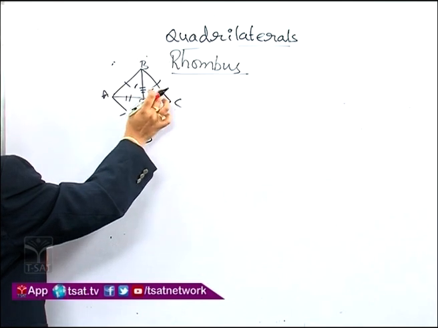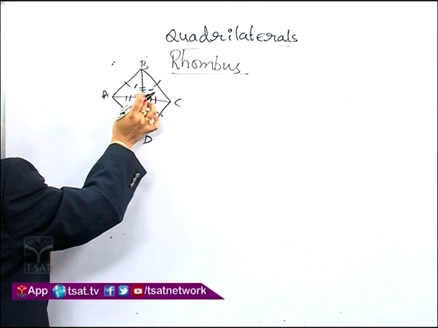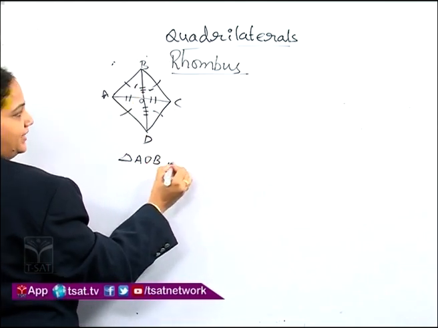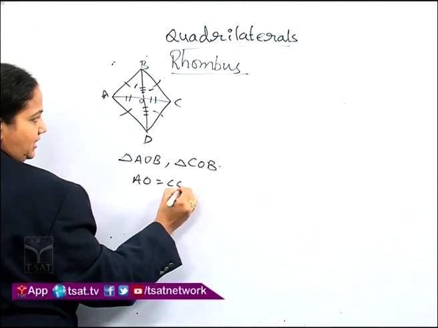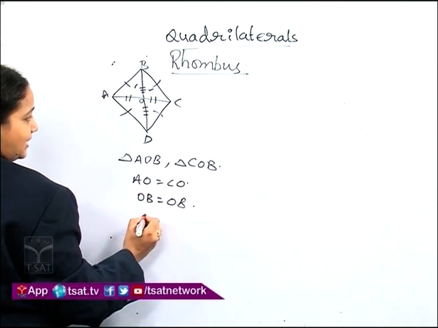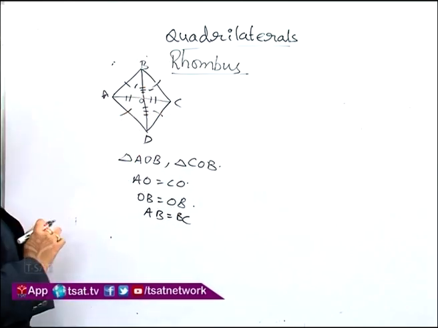AO equals CO, OB is common, and AB equals BC, because all sides are equal in a rhombus.